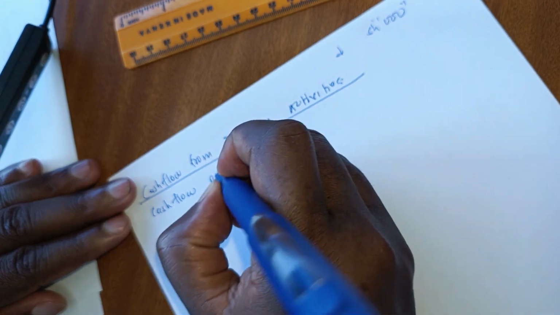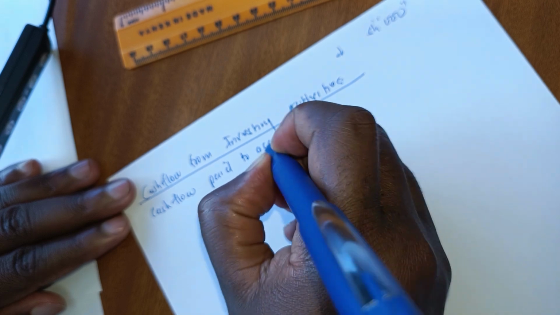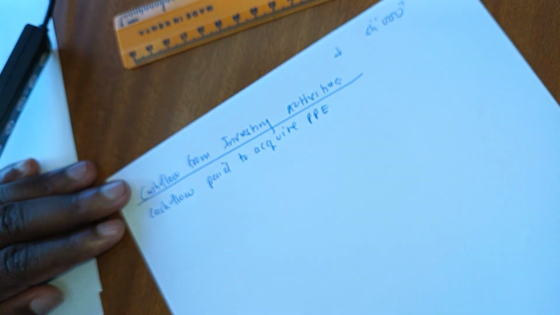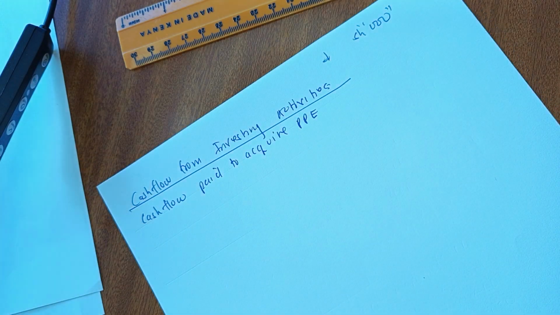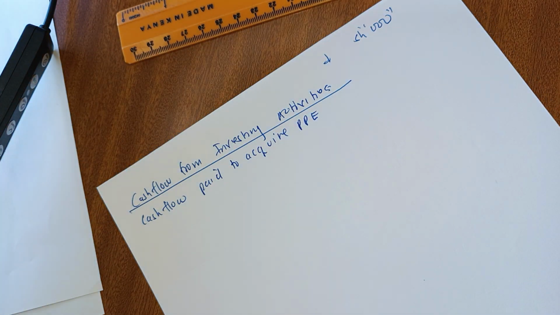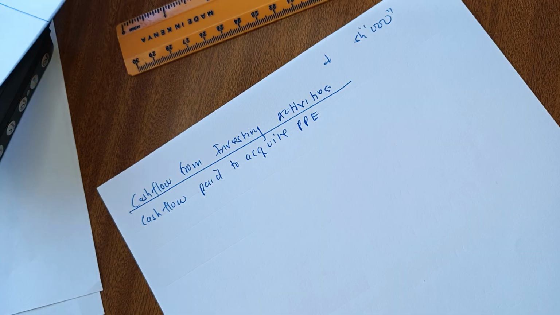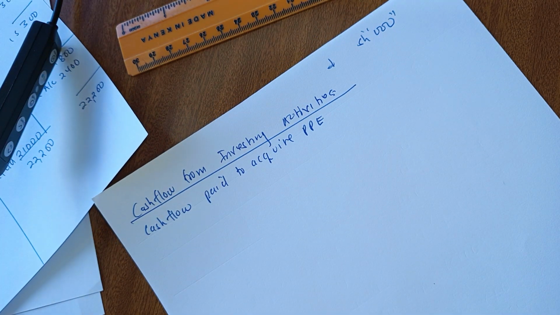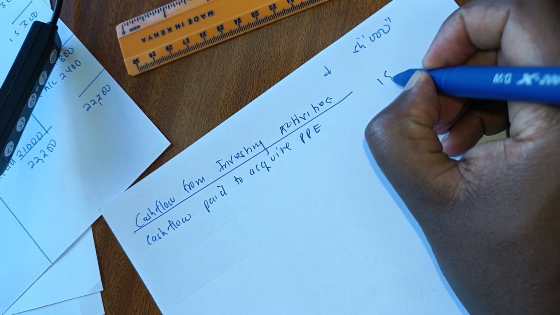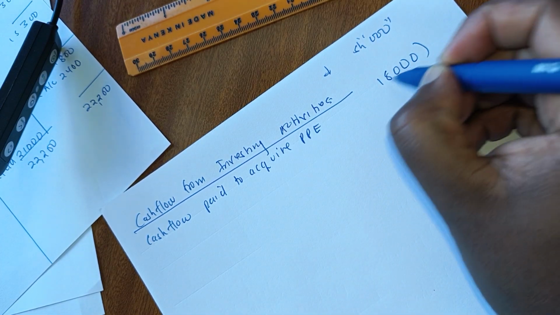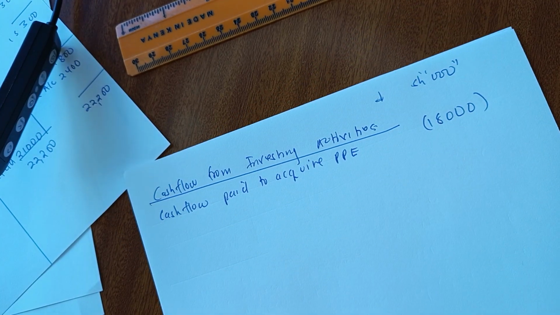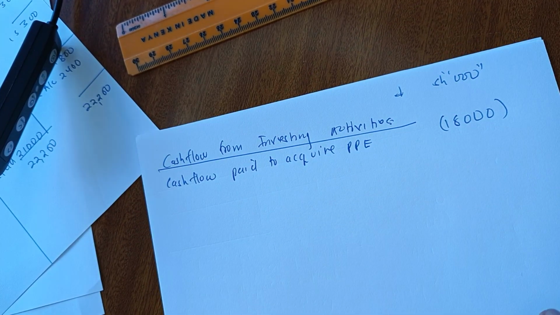Cash paid to acquire PP. Of course, it's not number one, and also we found it in our workings. We found it in these workings. Working 1, cash paid to acquire PP was 18,000. Because cash went out, we must show that cash was moving out in parentheses.